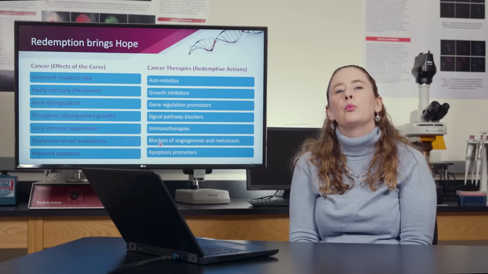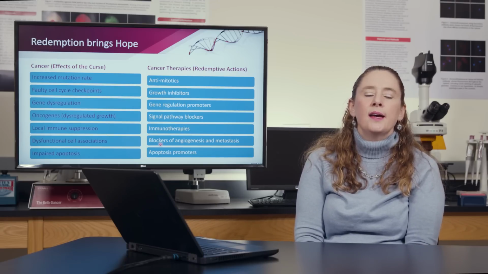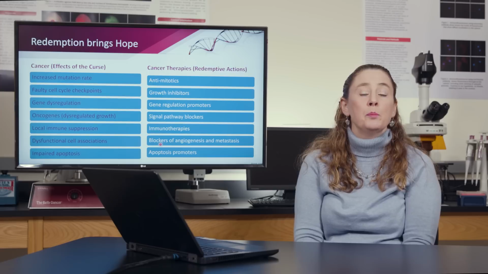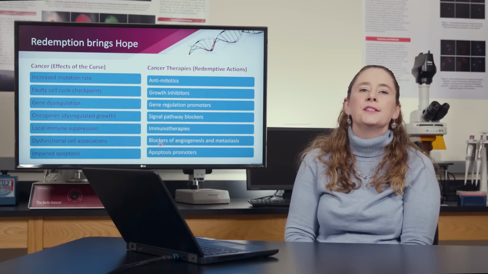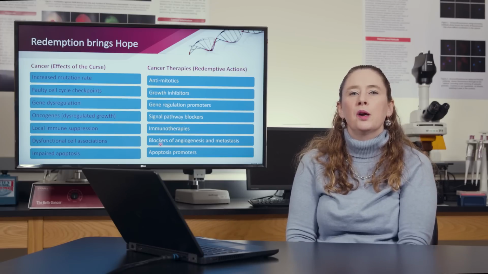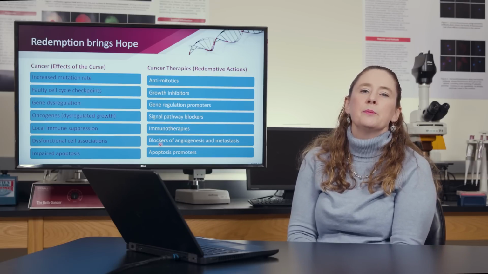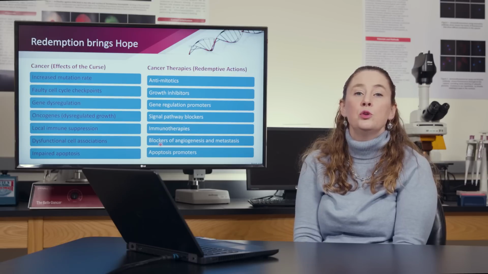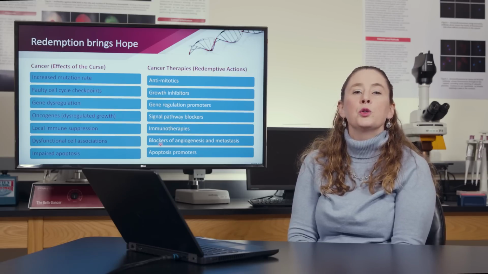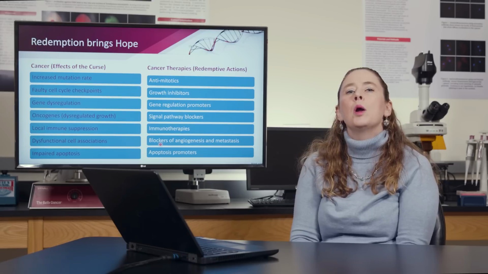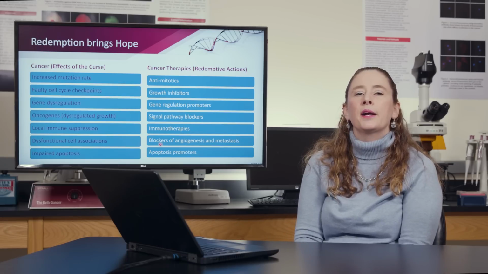Tumor cells will recruit endothelial cells. Endothelial cells then form new blood vessels. This provides an all-you-can-eat buffet for the tumor. The tumor then can grow and increase in size because it has all of the oxygen and nutrients it needs. If you want to restrict tumor growth, one way that you can do this is by blocking angiogenesis.